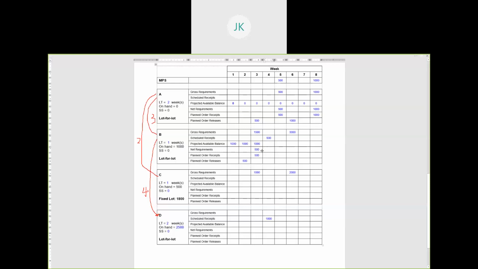After receiving 500, the total will be 1500, use 1500, so 0 available, but received 500, so the projected available balance will be 500.